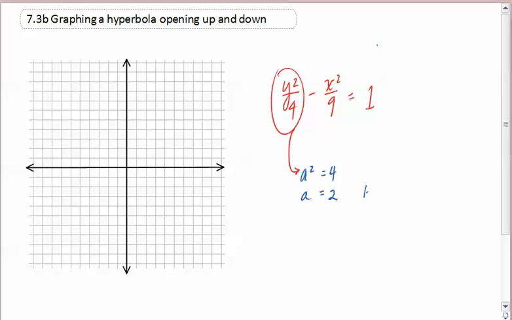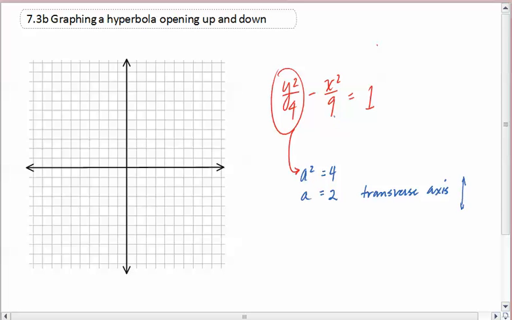Now, this a is on the transverse axis, just like we talked about last time. But this transverse axis is actually the y direction, right? So this one is going to be opening up and down. Even though the a squared is not larger, it's not about large or small on the hyperbola, it's about positive.